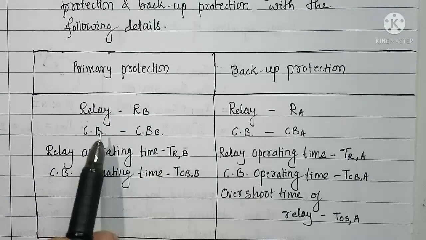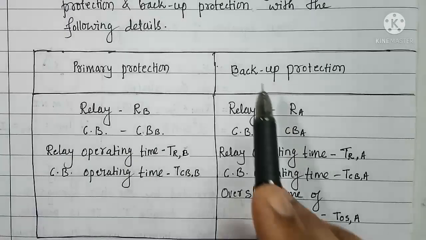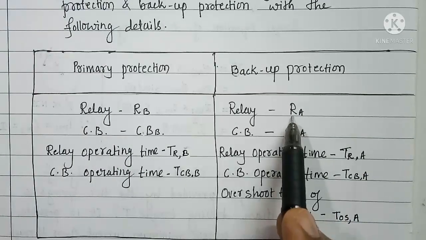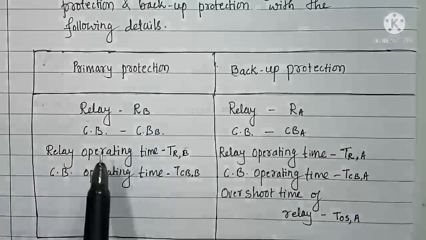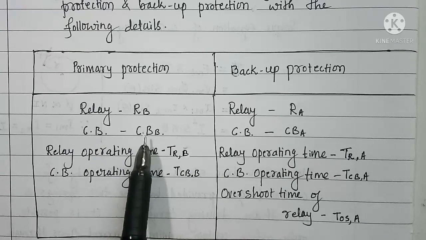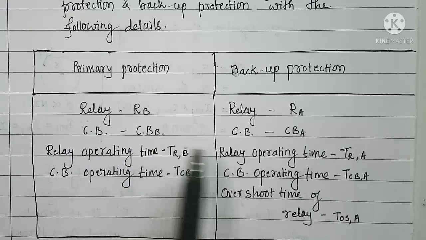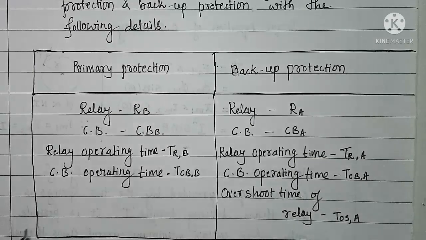For primary protection, relay notation is RB. For backup protection, relay notation is RA. For primary protection, circuit breaker notation is CBB, and for backup protection it is CBA.